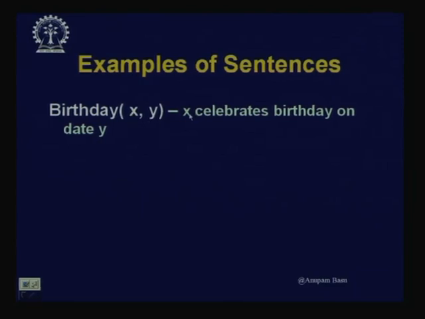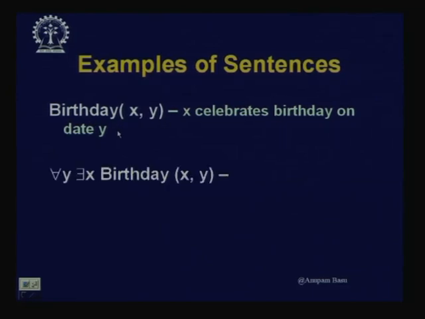It means that x celebrates birthday on the date y. So, say Tom celebrates birthday on 1st January, or Julie celebrates birthday on 1st March, etc. So, in general I can say x celebrates birthday on date y can be written as this predicate. So, this is a sentence, right.